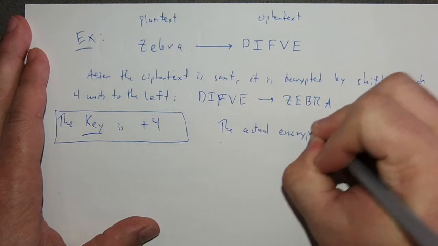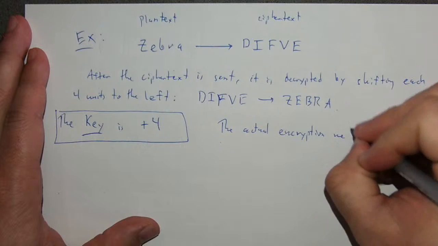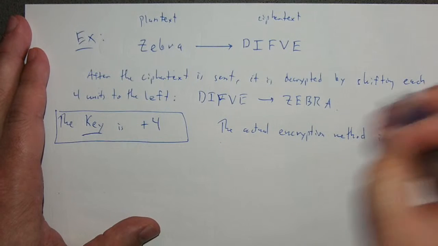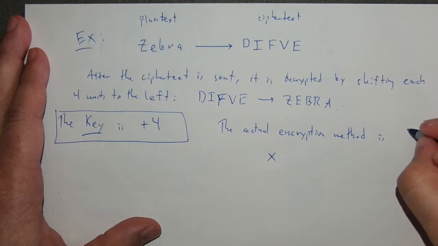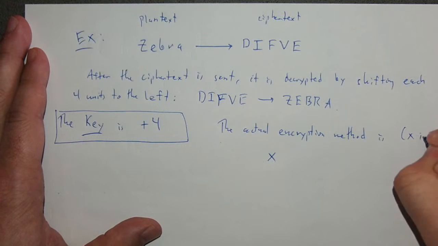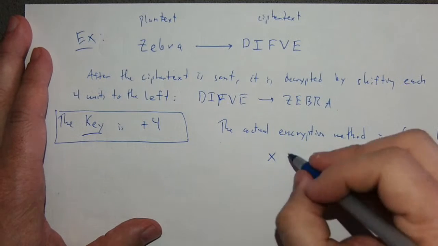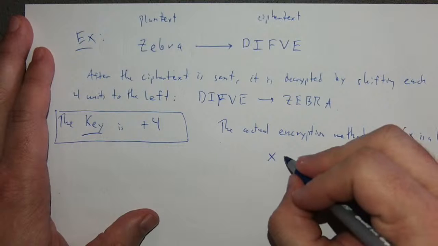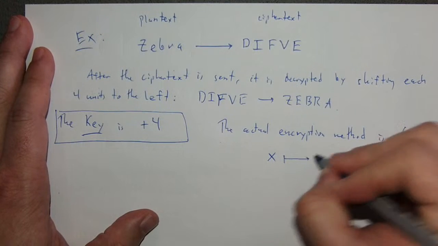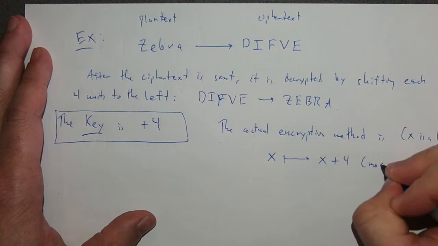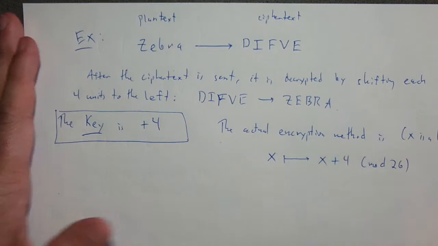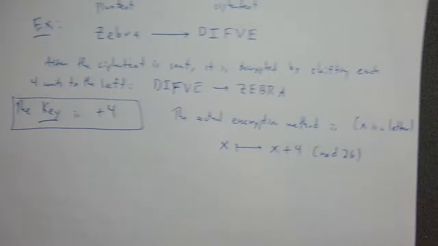Right, so the actual encryption algorithm or encryption method is it takes X, if X is a letter, so we'll say X is a letter, and sends it to X + 4 mod 26.